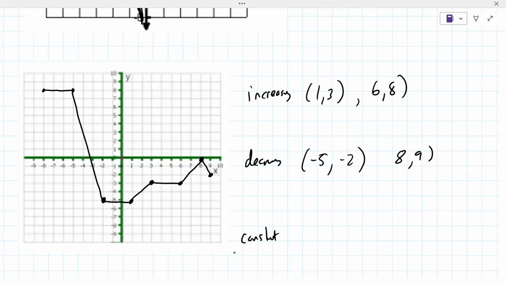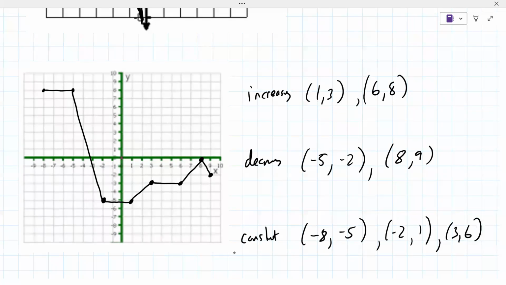Good. And then the constants are -8 to -5, and then -2 to -1. Nope, not -1. Try one more time. Oh, +1. Okay, and then 3 to 6. Really good. Really, really good.